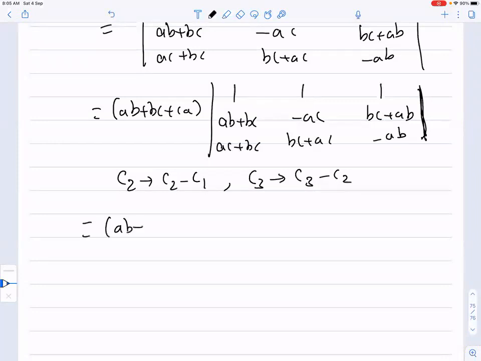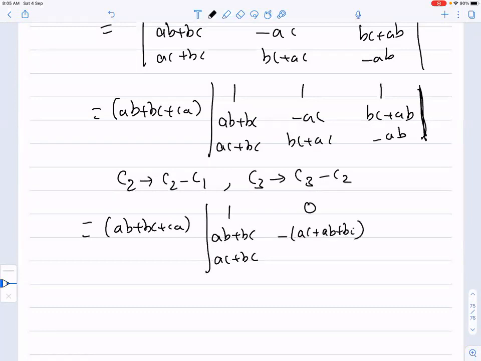Here, AB plus BC plus CA, 1, AB plus BC, AC plus BC, 0. If I do this, this will be minus of AC plus AB plus BC. If I subtract these two, there will be 0, 0, C3 minus C2. This will be AB plus BC plus CA, and this will be minus of AB plus BC plus CA.